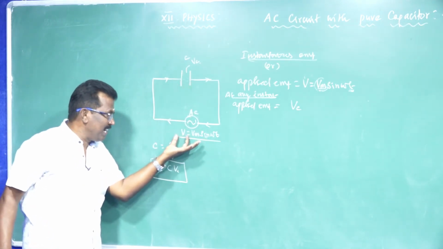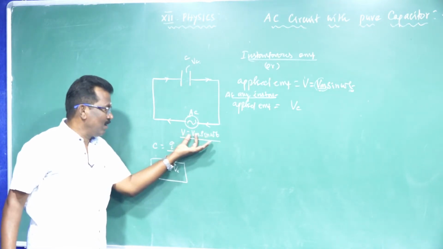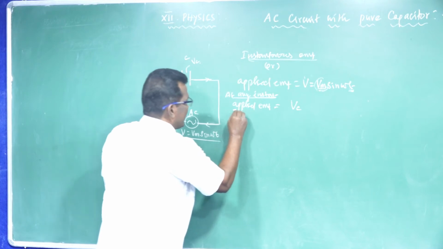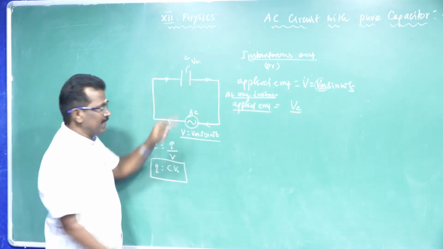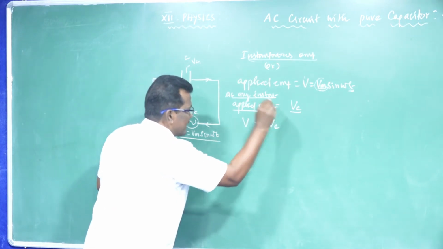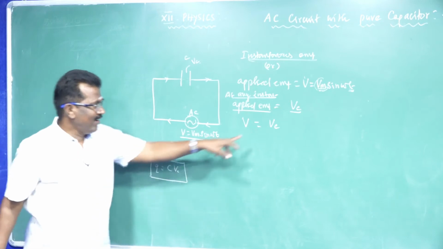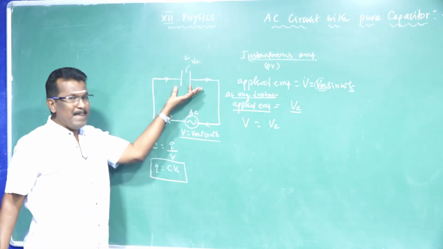So we know that the applied EMF V is equal to Vm sin omega t. It is the potential developed across the capacitor. So V is equal to VC. What is VC? VC represents the potential between the plates.